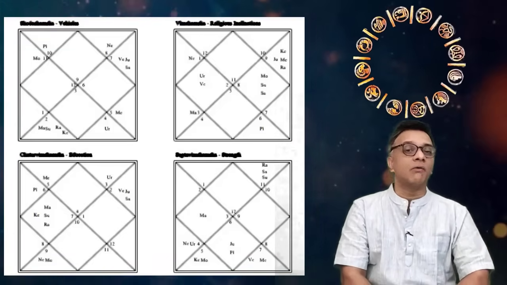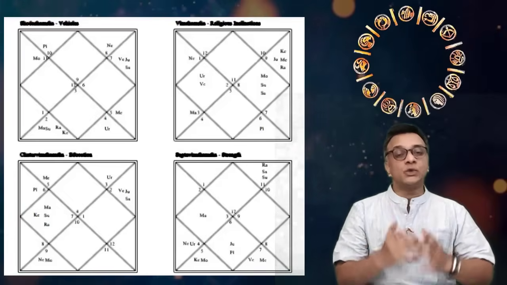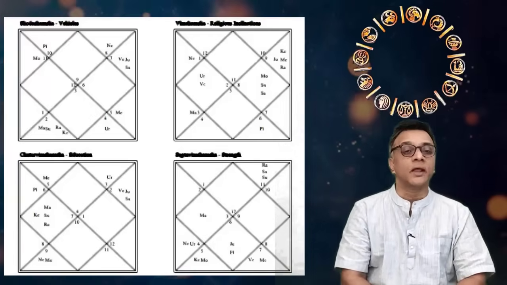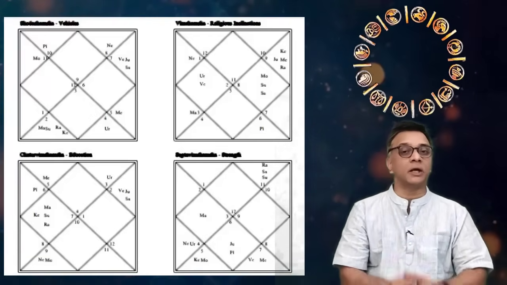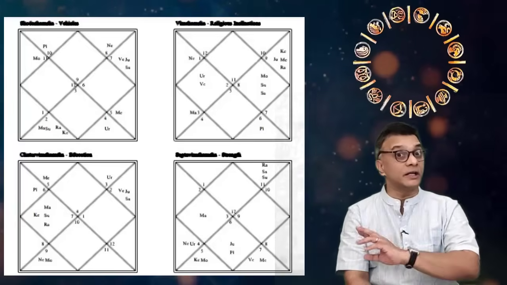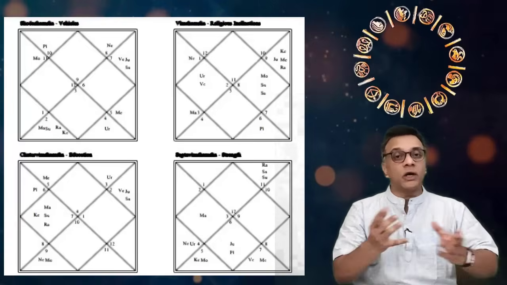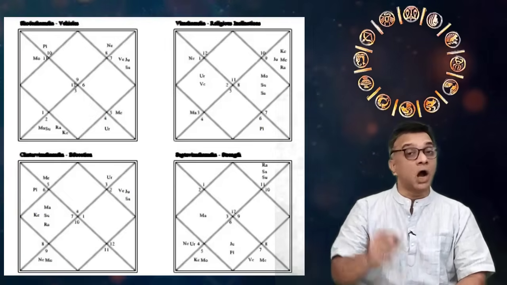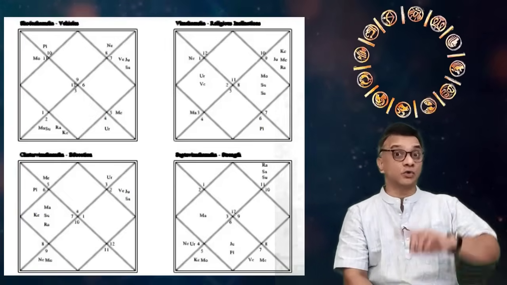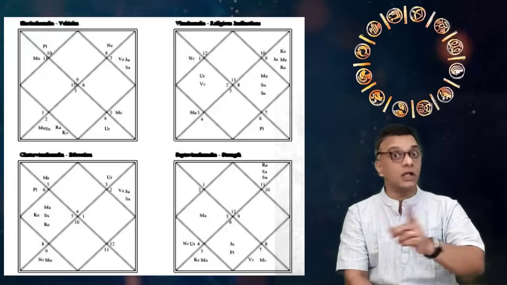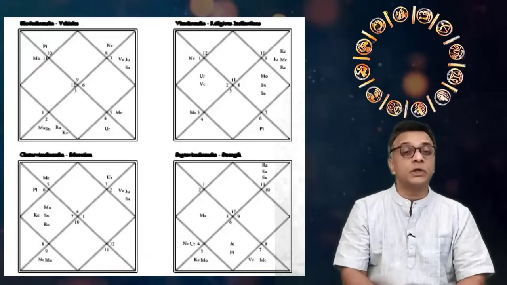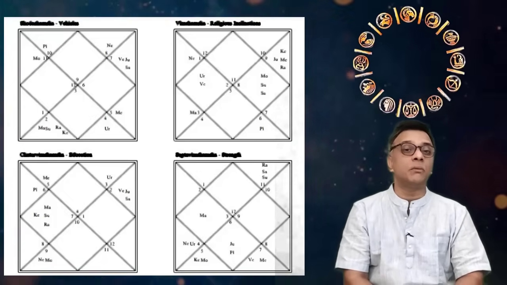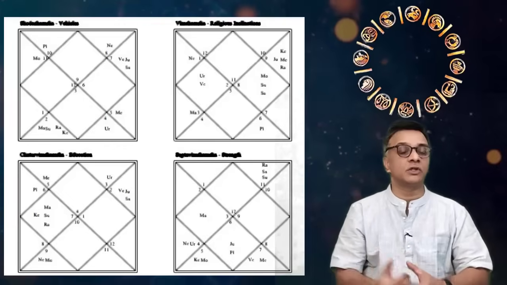However, it's important that unless you understand how to see the D1 chart and the D9 chart very well, and find the finer, intricate aspects of the D1 and the D9 linking with each other, if you are not able to fathom how they talk to each other, how the 10th house of the D9 chart talks to the 10th house of the D1 chart and the lords of each of the houses pertaining to career, karma, resources of your life, then you will not be able to understand the intricacies of the other divisional charts well.